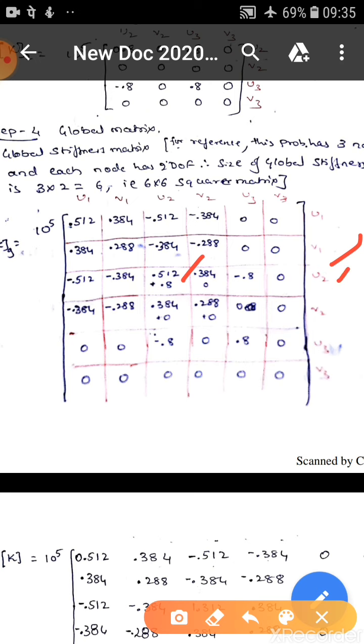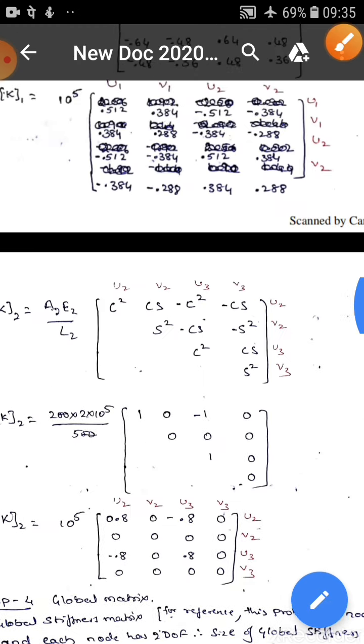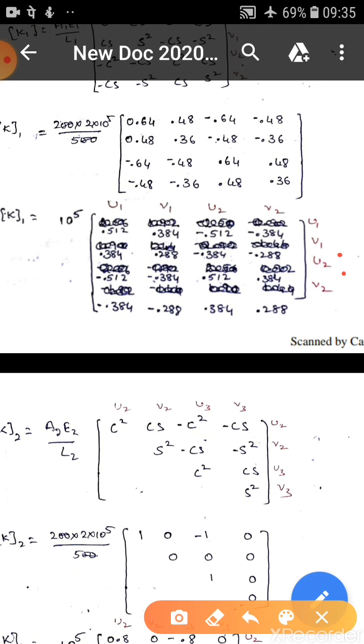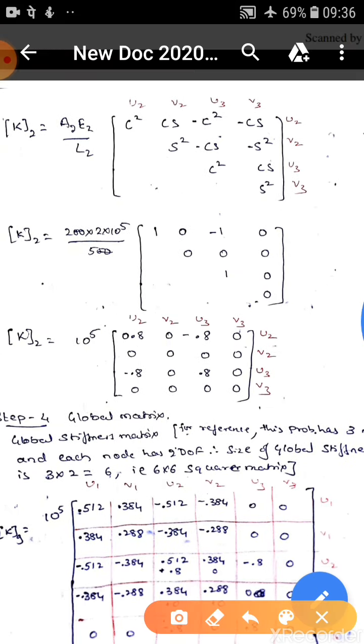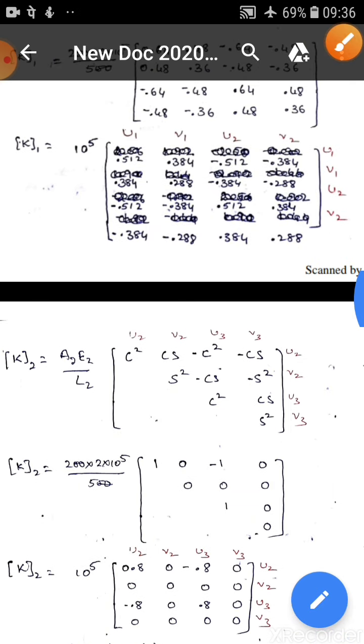The u2 row, u2 column value is present in k1, and also in the second matrix the u2 row, u2 column is 0.8, while the first is 0.512.